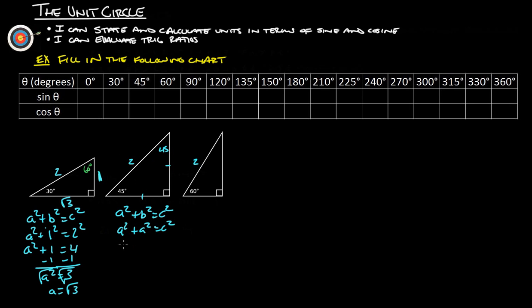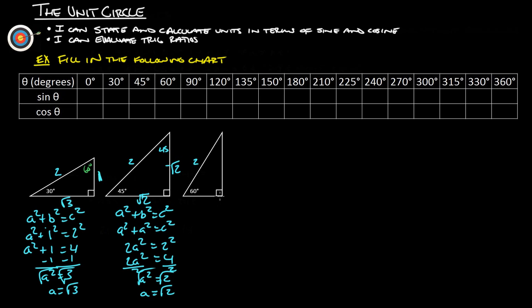A squared plus a squared is going to be 2a squared, and our c squared is going to be 2 squared, which is 4. So 2a squared equals 4. Divide both sides by 2. A squared, a little hard to read, sorry, equals 2. We square root both of those, and we get that the a side here is going to be root 2. So this is going to be root 2, and this is also going to be root 2 because it's the exact same.